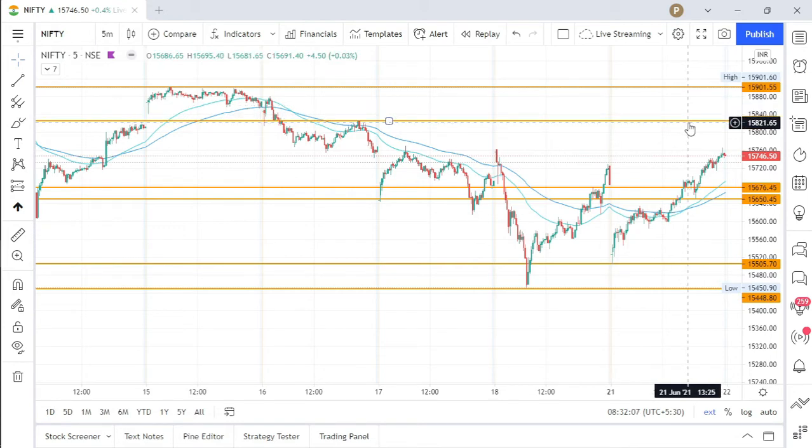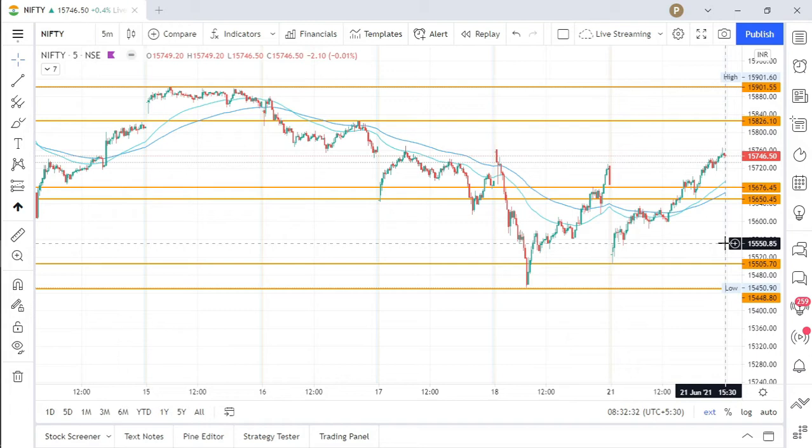If these levels are held for 15 minutes, 15,820 will turn into a good support. But if 15,820 is broken within the first 15 to 30 minutes, we will again witness a volatile day in a very narrow range, again around 100 points odd.